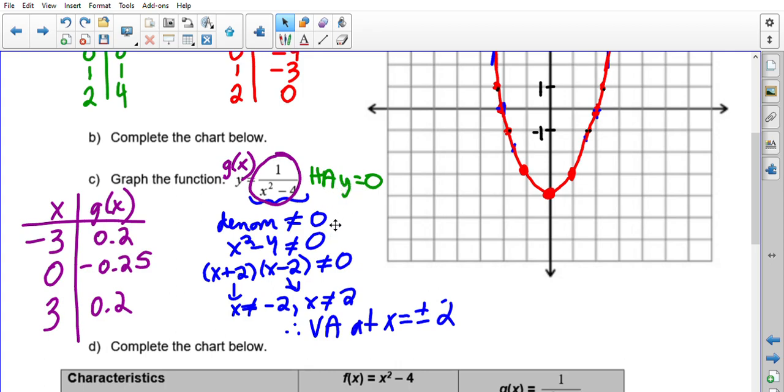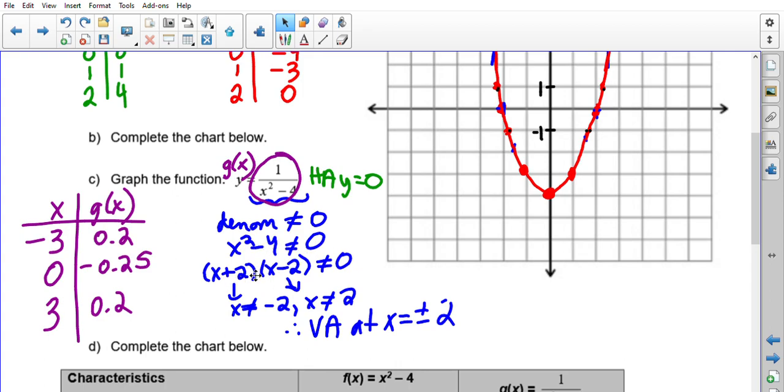Some things we know about the graph just by looking at the equation. We know that denominators can never equal 0. So that means x squared minus 4 can never equal 0. What are the two values that make this expression 0?